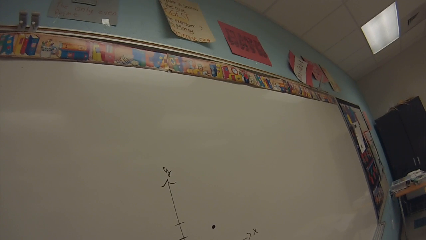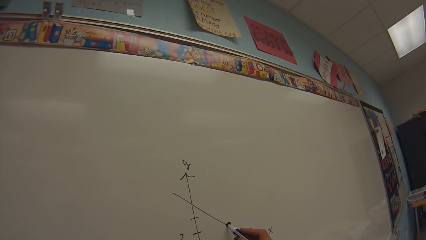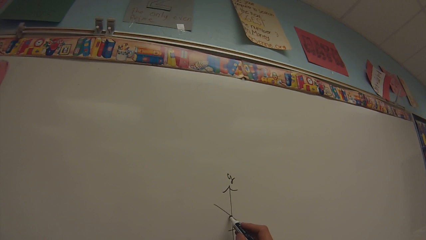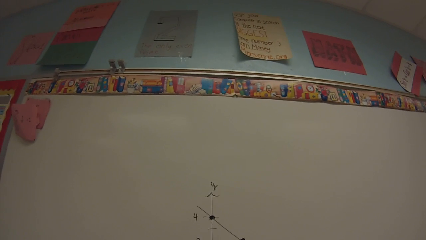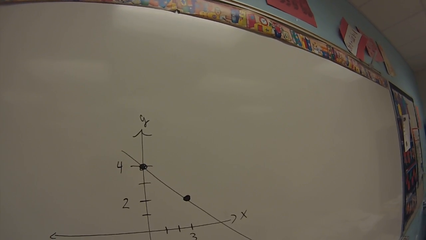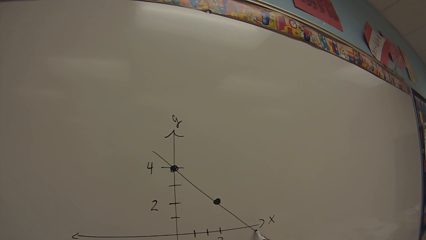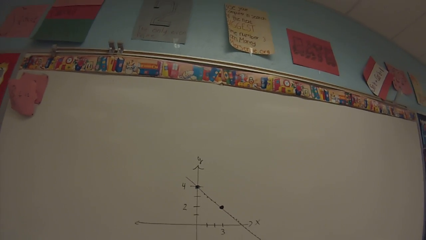It's going like that. So this black line has an infinite amount of order pairs. Remember, each graph has an infinite amount of order pairs. There's an infinite amount of order pairs in this black line.